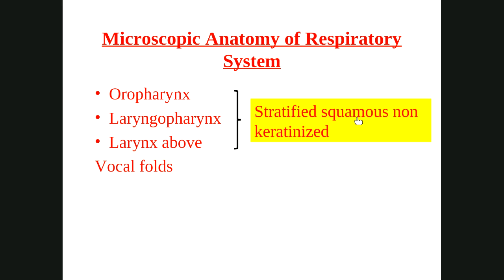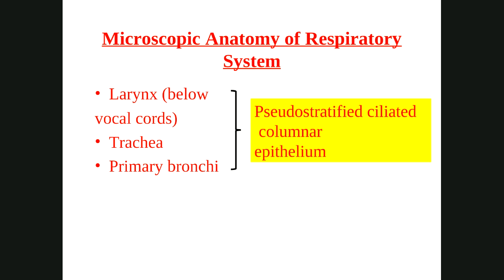Because at this point, it's stratified, which means it's not just one layer, and it's squamous, and of course it's not keratinized. Keratin only needs to be on the skin. All right, and then going down, we are back to pseudostratified, and we have cilia and columnar epithelium. So back to cilia in the larynx.